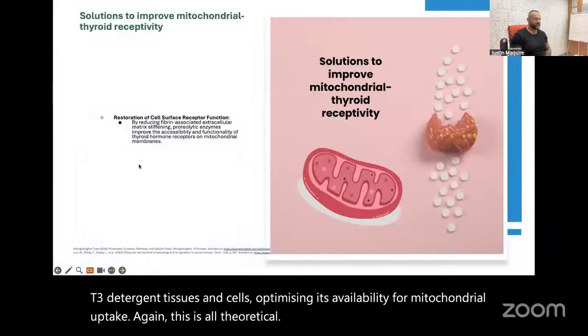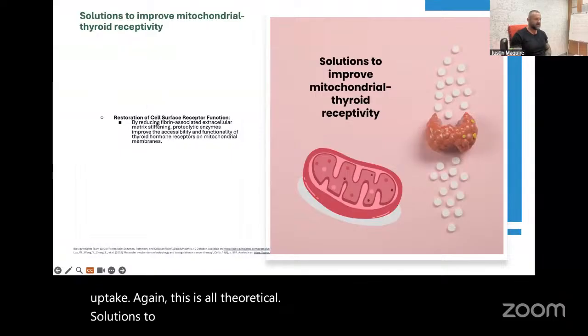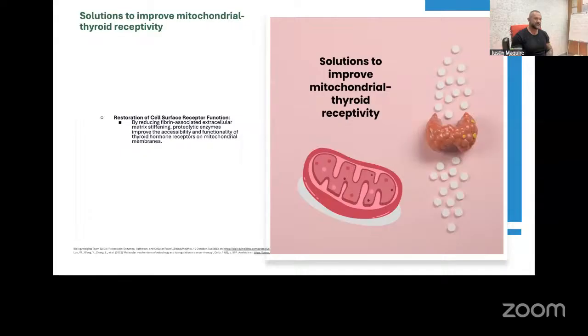Solutions to improve mitochondrial receptor activity, to continue restoration of cell surface receptor function, continuing on from the proteolytic enzyme equation. Just to add a bit more for consideration: what I have found to have a most certainly pronounced effect as a fibrinolytic agent in the body, and which actually has more scientific merit and study validation, is a compound called pentosan polysulfate.